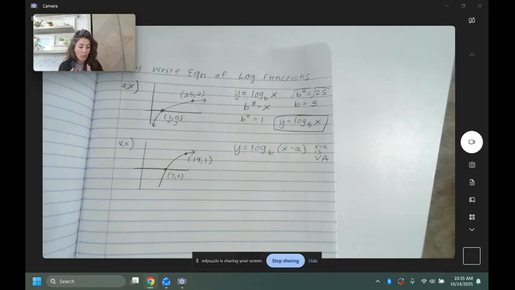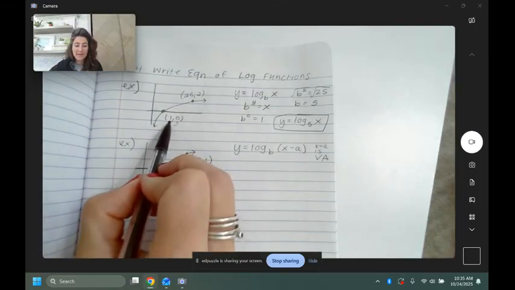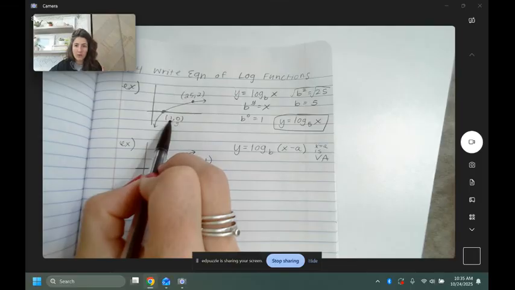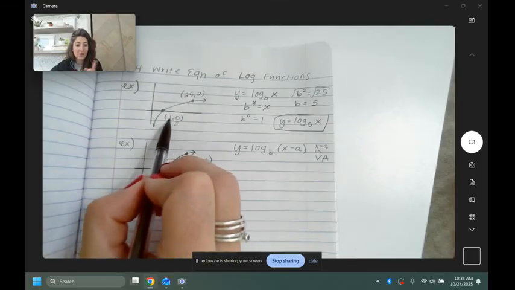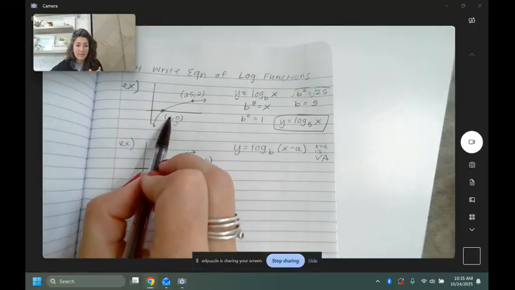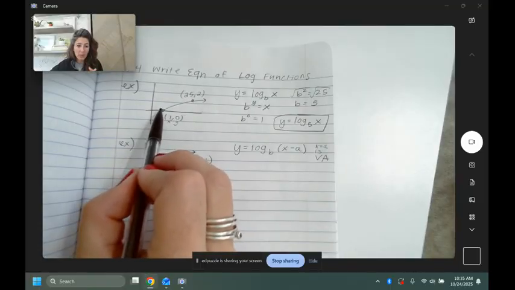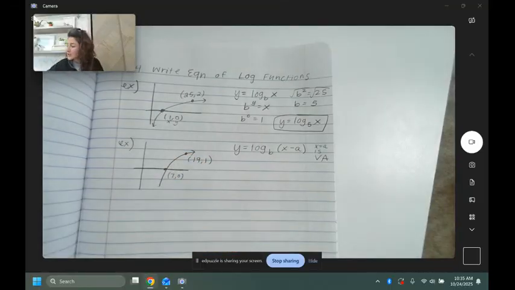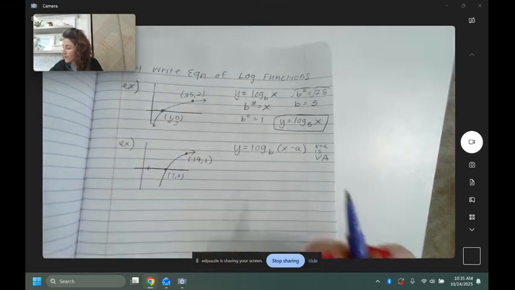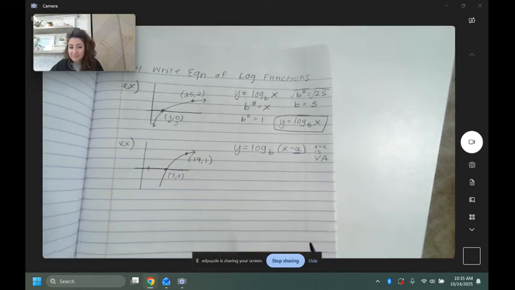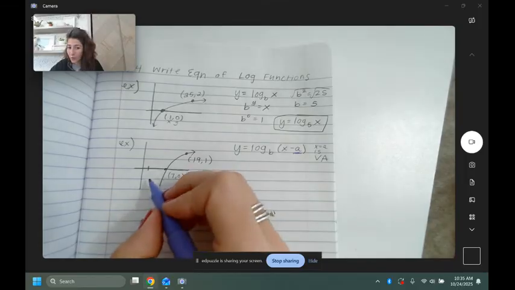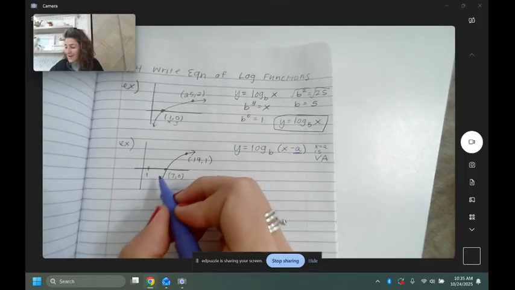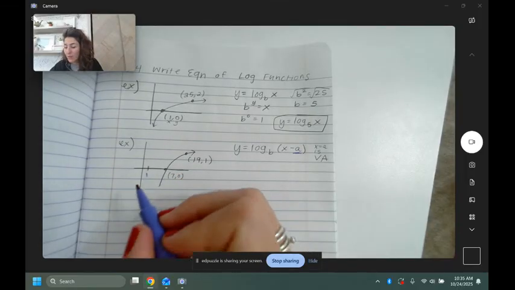So the kind of magic number in a logarithm is 1. And that's because of that zero exponent property. Anything raised to the 0 is 1. And so that's kind of a major point in logarithms. So what you're looking for to find a is how far away is your x-intercept from 1?